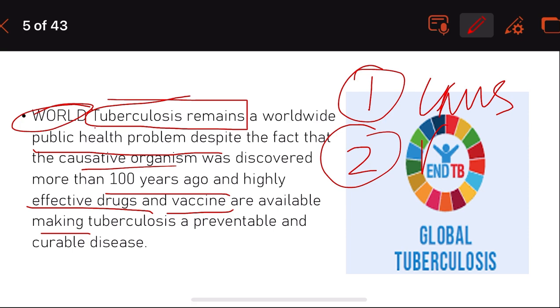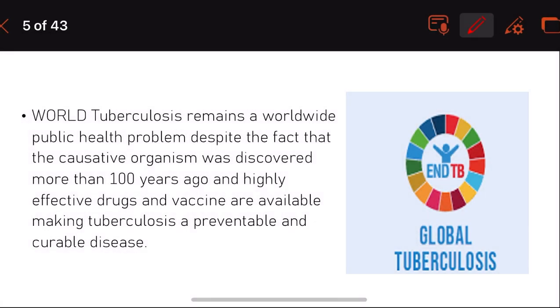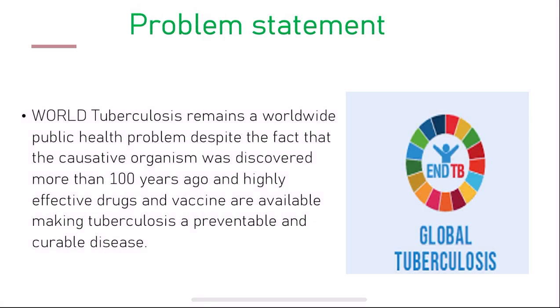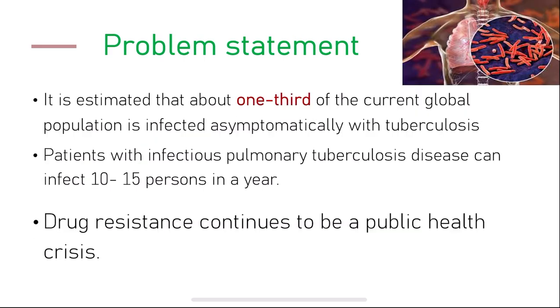So we see that the vaccines are available, the drugs are available. Though the causative organism was discovered 100 years ago, and effective drugs and vaccines are available, making TB a preventable as well as a curable disease, even today, despite these facts, it is still a worldwide public health problem.